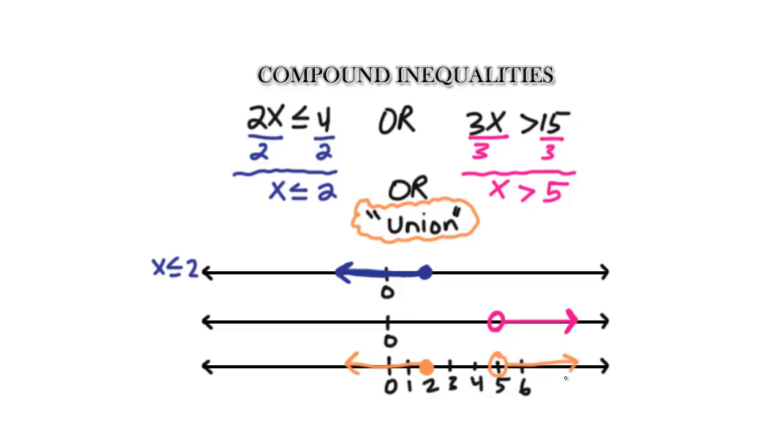So our solutions are all the numbers from 2 down to the negative side, and starting at 5 but not including 5, and going in the positive direction. So 3 would not be part of the solution, nor is 4, or any number between 2 and 5. So the solution is represented by the third number line here, and we're done.